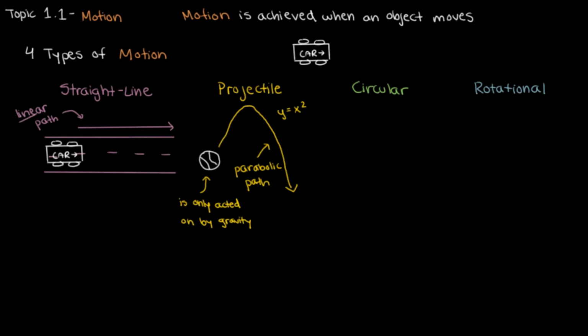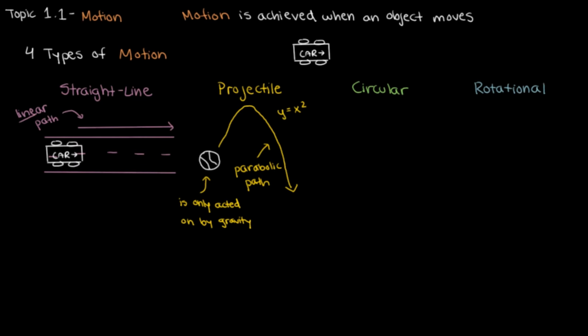If you're not entirely sure what I mean by gravity or forces, don't worry. This will be one of the topics we'll be spending a lot of time on later in this course. This is just meant to be an overview. We'll make you really familiar with it. But all you need to know is that an object follows projectile motion when it travels in a parabolic path and is only acted on by gravity.